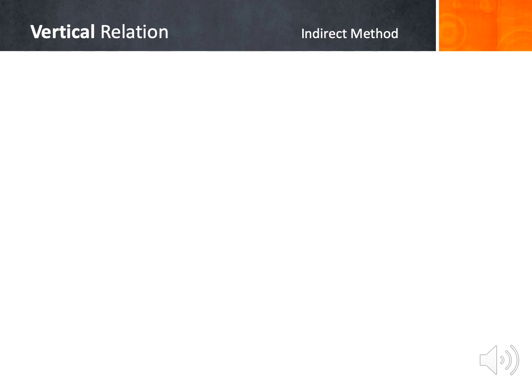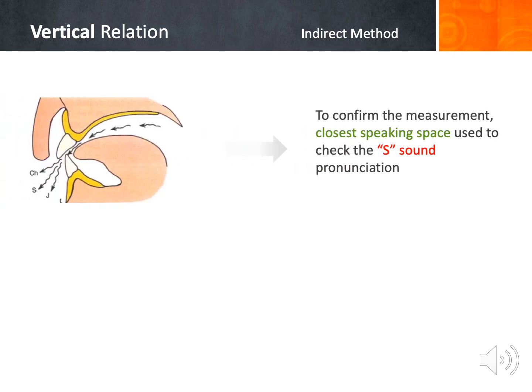After correction of the occlusal rim of the mandible and getting the measured occlusal vertical dimension, to confirm the measurement, the closest speaking space is used to check the S sound pronunciation, because when a person wants to pronounce the S sound, they make a small space between the incisal edges, 1 to 2 millimeters, and push the air through it so the S sound will be pronounced.